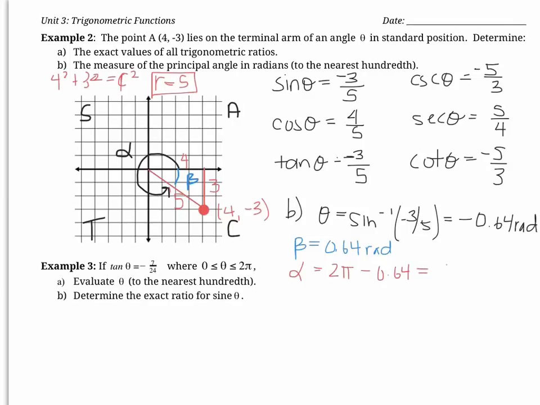We will have an angle measure of approximately 5.64 radians. Does this make sense? Well, we know all the way around a circle is 2 pi radians, that's just over 6. This is pretty close to 2 pi, so it makes sense that we're at 5.64 radians. That's also pretty close to 6. So there is our principal angle.